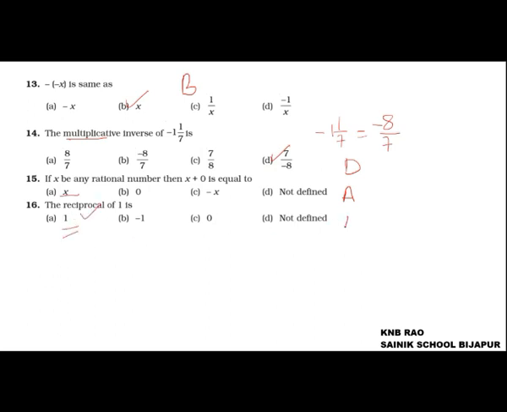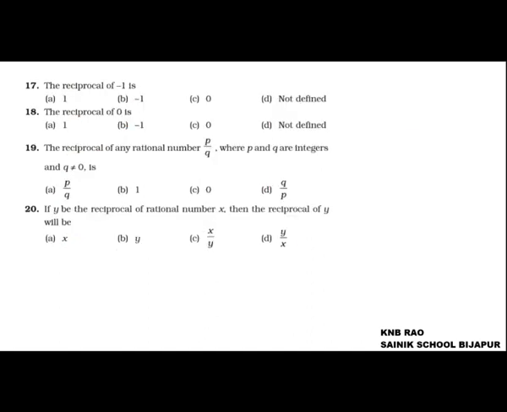So the right option is A. Next set of questions. The reciprocal of minus 1 is again minus 1 itself. So the right answer is B. Next, 18th question. The reciprocal of 0. The reciprocal of 0 is not there. It is not defined. The right option is D.